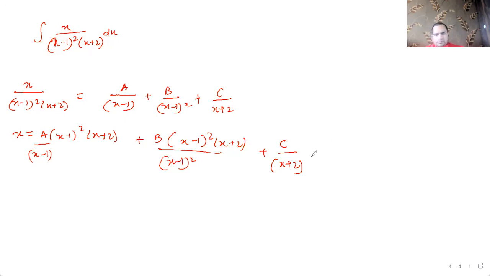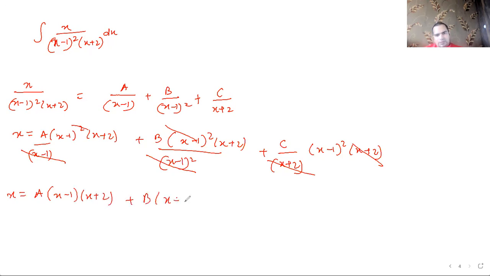From the first one this part cancels, from the second one this part, and x plus 2 from this. So as a result, what we get is a times x minus 1, x plus 2, plus b times x plus 2, plus c times x minus 1 the whole square.